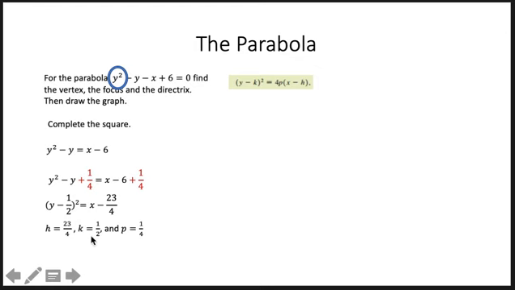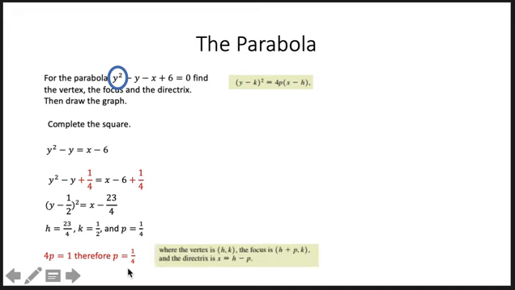That's k. And since 4p is equal to 1, that means that p has to be equal to 1/4. Do you see where I'm getting the 1? That's the coefficient of x. Since that coefficient of x is 1, that's what 4p is equal to. So p has to be equal to 1/4.